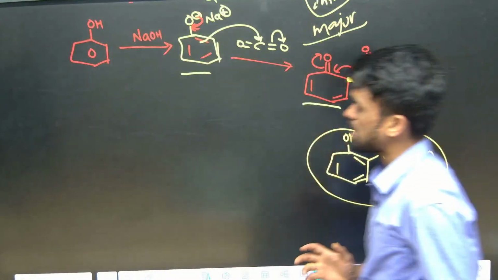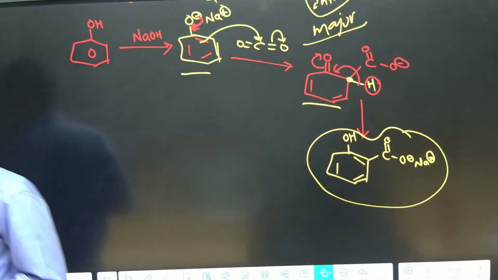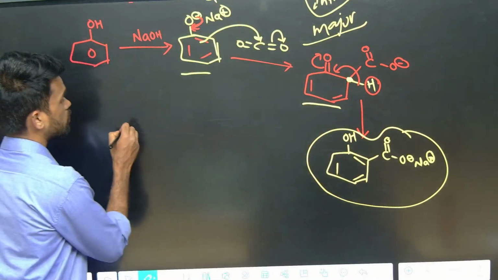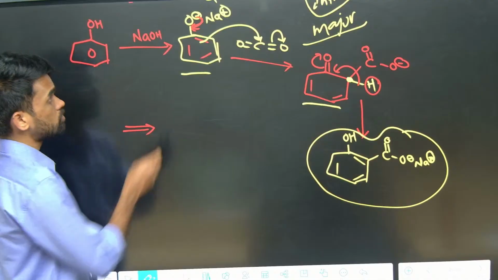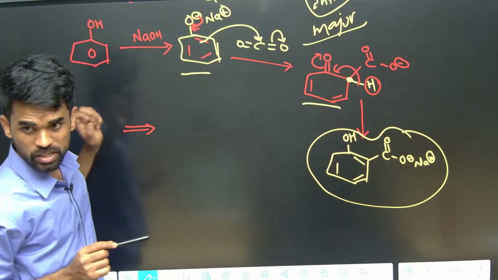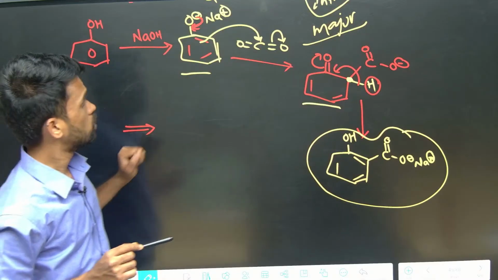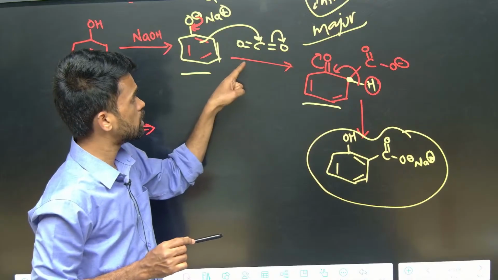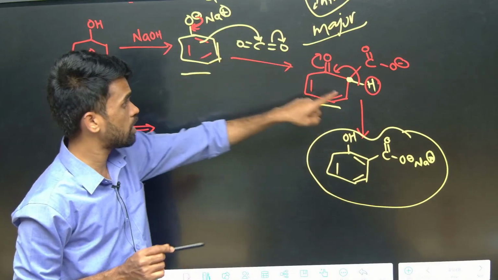Now, what is the mechanism involved in this reaction? We discussed these reactions already. An electrophile is involved, and it is attacking the benzene ring, an aromatic ring. This electrophile, CO2, is replacing the proton H plus.